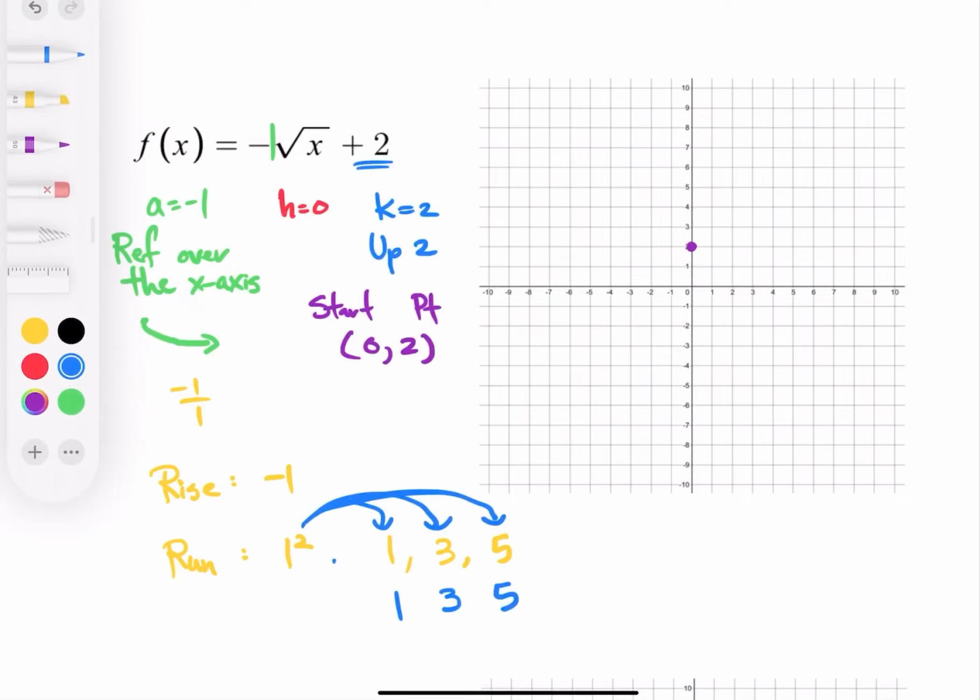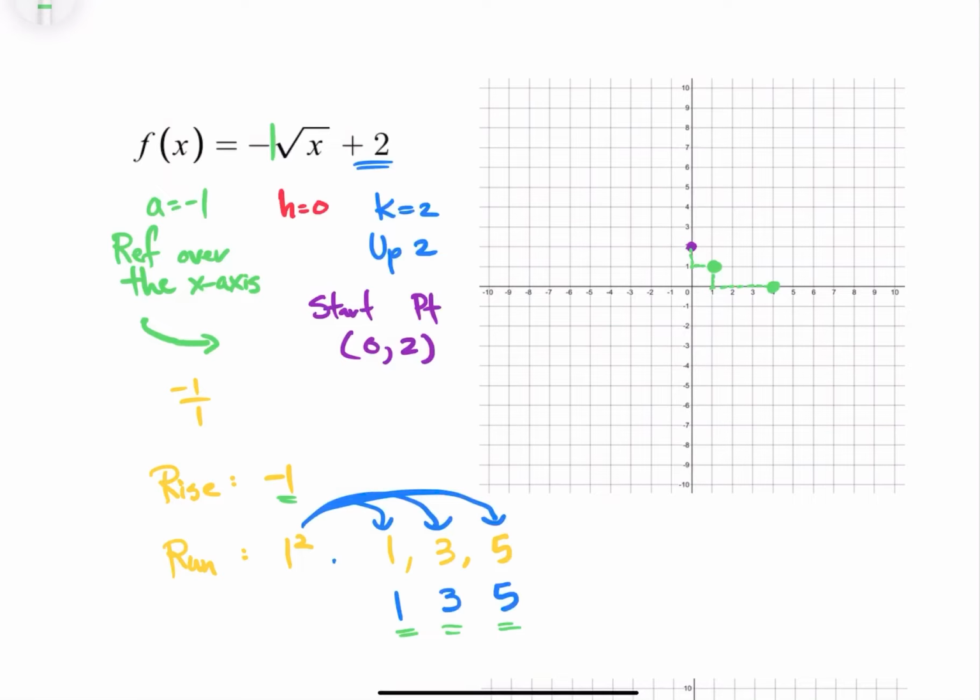So now we're going to go -1. -1 means to go down 1. So I'm going to go down 1 and then over 1. That's our first one over here. So there's our second point. Then we're going to go down 1 again, and this time we're going to go over 3. So 1, 2, 3. Here's our third point. Then we're going to go down 1 and over 5.